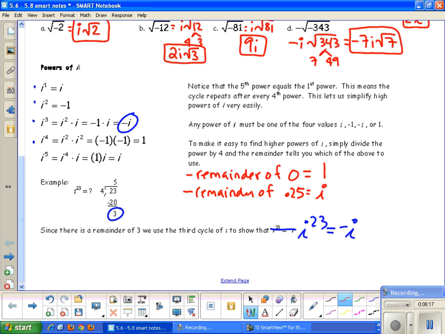If you have a remainder of 0.50, that's like 2 out of 4, so that would be i squared, which is -1. And if you have 0.75, that would be 3 out of 4, so this is going to be equal to -i. So that's what you can do on your calculators, look at these remainders to tell you what you have.